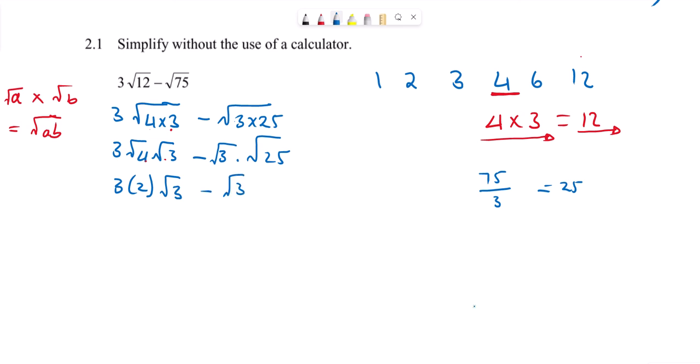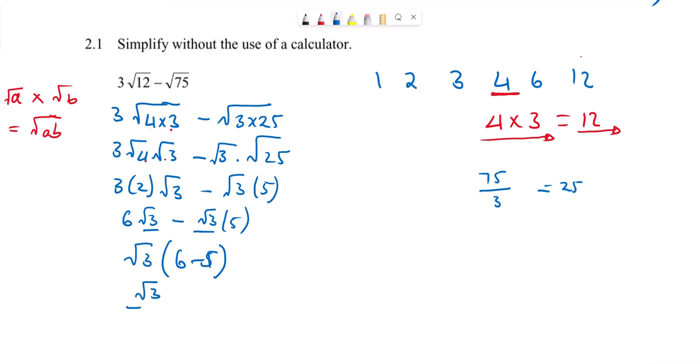Sorry, the square root of 25 is 5. So 3 times 2 is 6, square root of 3 minus square root of 3 times 5. We have a common factor, square root of 3. So the square root of 3 times 6 minus 5, and that will be square root of 3.